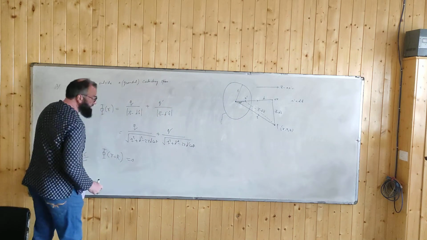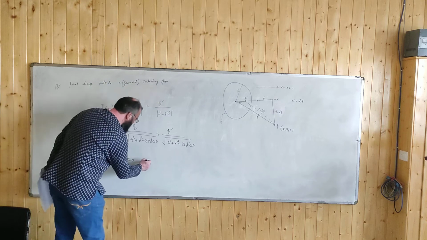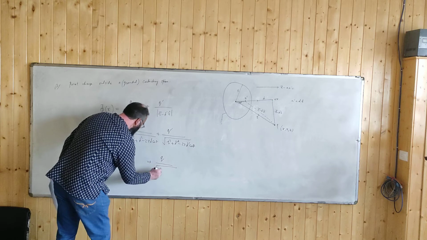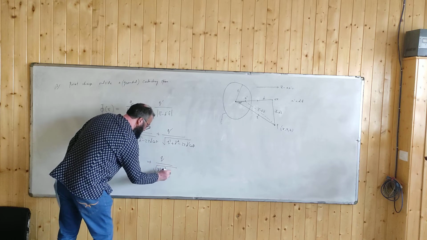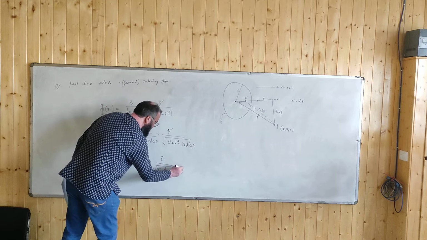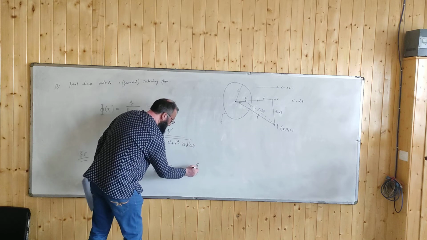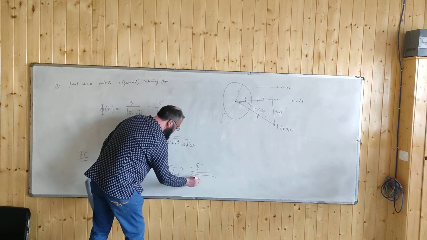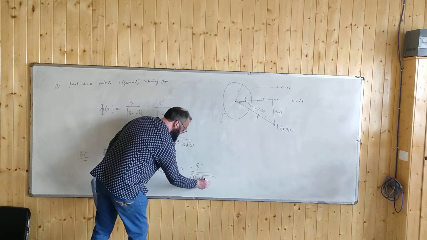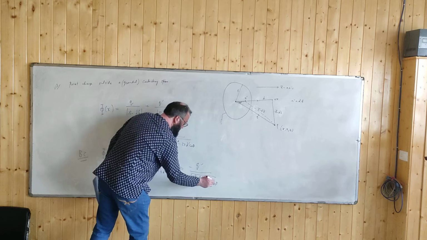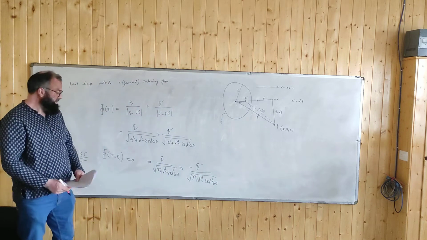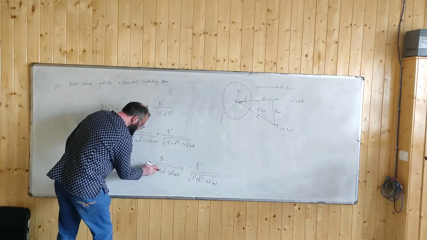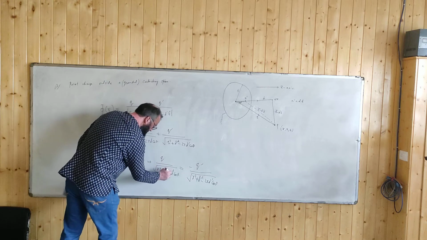So this is our boundary condition, which implies q divided by root of r square plus d square minus twice r d cosine of theta is equal to minus q prime divided by root of r square plus d prime square minus twice r d prime cosine of theta. Clear? Capital R. Oh yes, it is capital R, sorry.